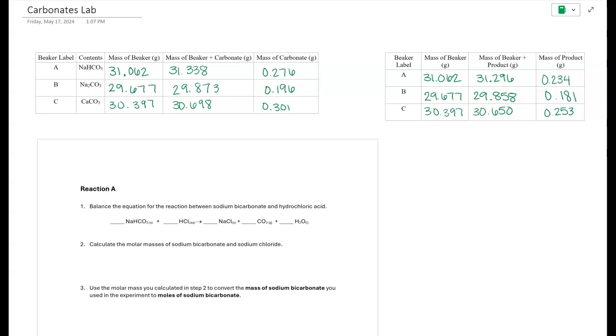And so we are going to go through these calculations, and the way I'm going to do this is I'm going to very slowly walk through reaction A, then I'm going to get you started on reaction B, and finally I will leave reaction C for you. However, I will give you the data for the calculations as they would turn out with my data.